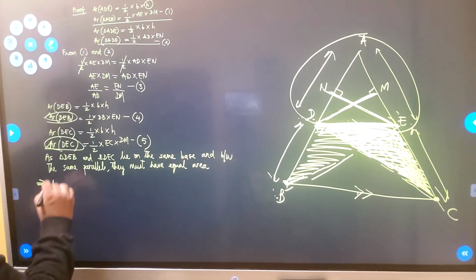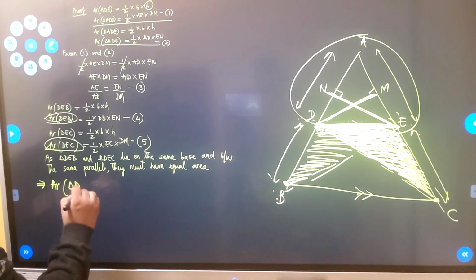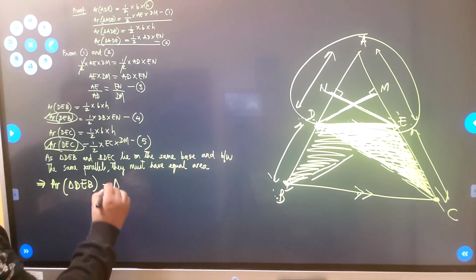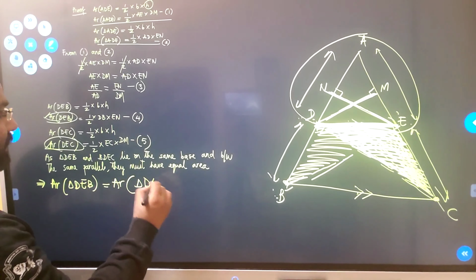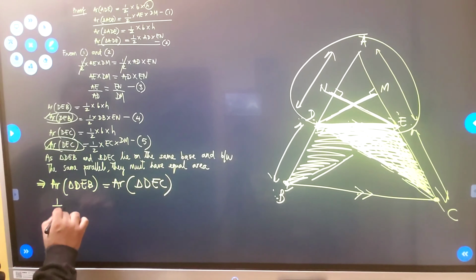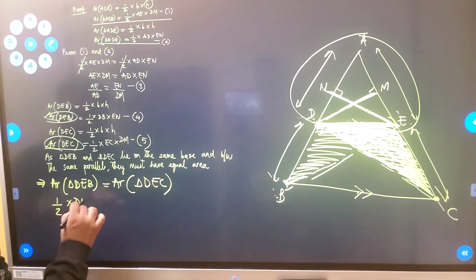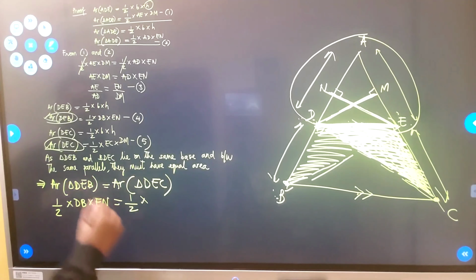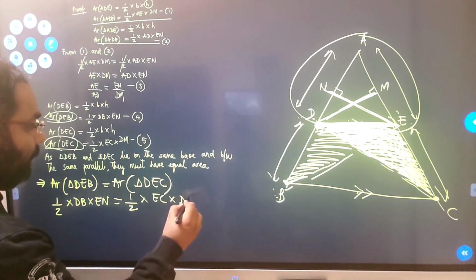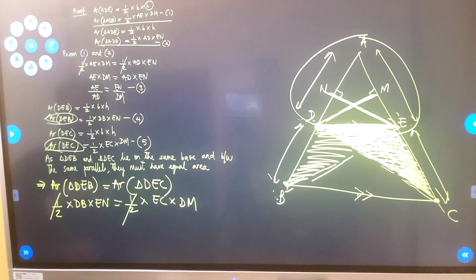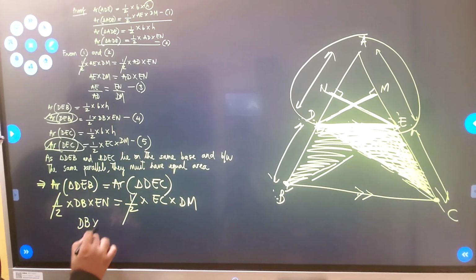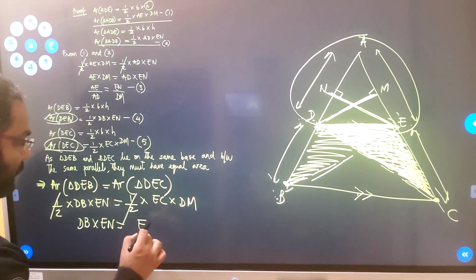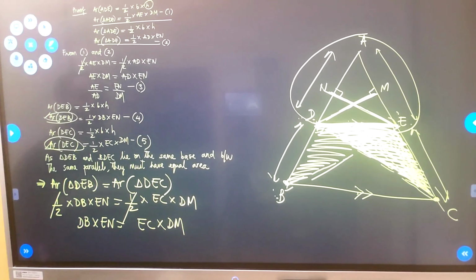So this implies area of triangle DEB becomes equal to area of triangle DEC. So I have half DB into EN equal to half, DEC is EC into DM, half we cancel off, so I get DB into EN is equal to EC into DM.